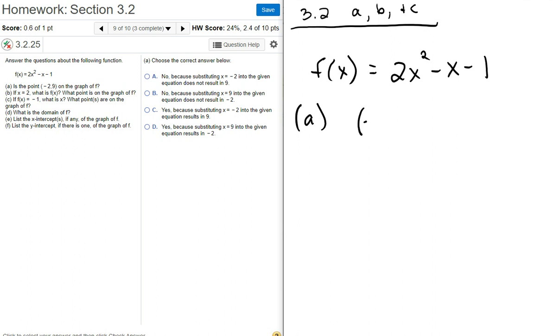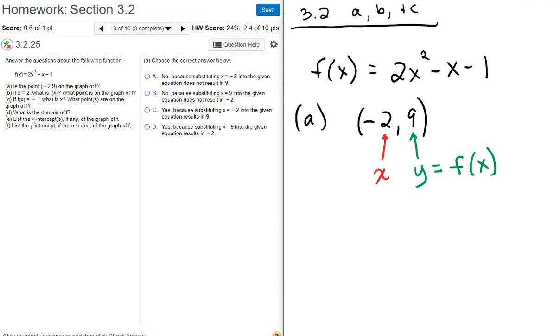Well, remember when they give you an ordered pair, the first number is your x coordinate, the second number is your y coordinate, but y can also be expressed in functional notation as f of x.